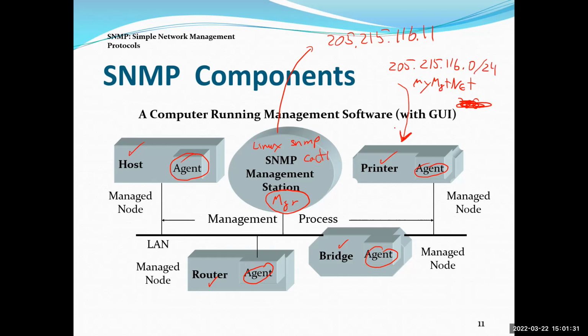If you remember, I think that was the entry in the lab. What that implies is only computers from this network can manage this agent. You guys see that? So that's why this computer would be able to query this other computer, because it is 205.215.116.11, and that's in this network over here.